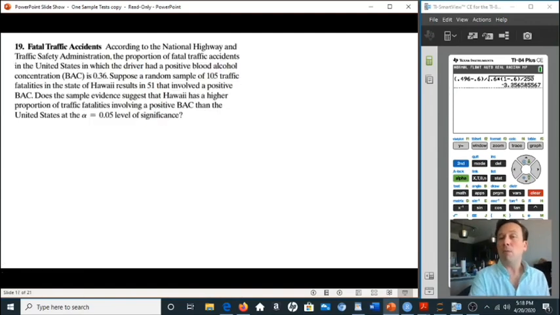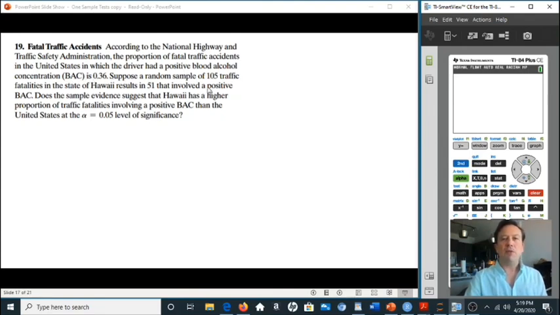Now, here's a problem with context. So this problem would require a step 5. Let me clear my calculator here. So let's see what we have here. According to the National Highway and Traffic Safety Administration, the proportion of fatal traffic accidents in the United States in which the driver had a positive blood alcohol concentration is 0.36.